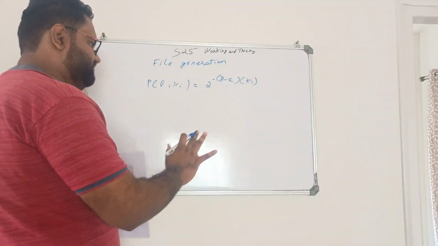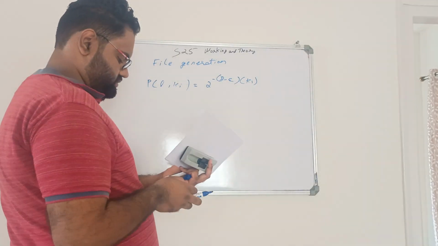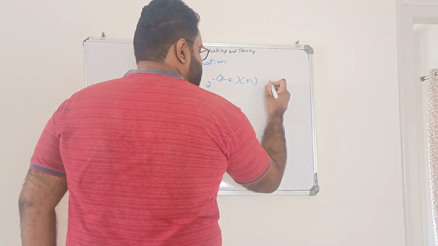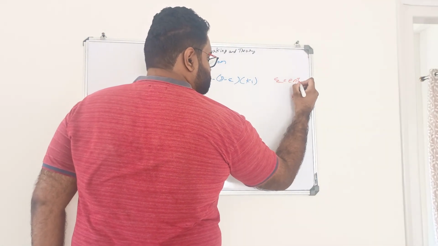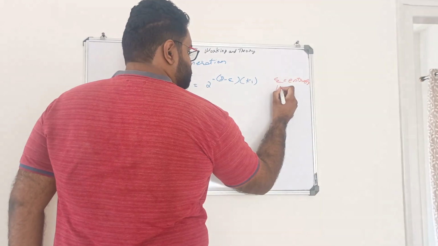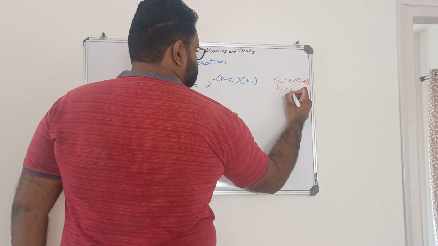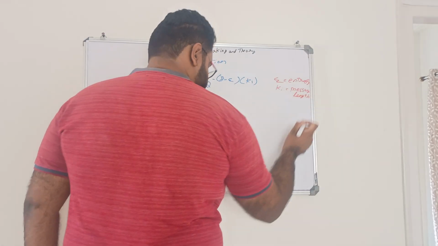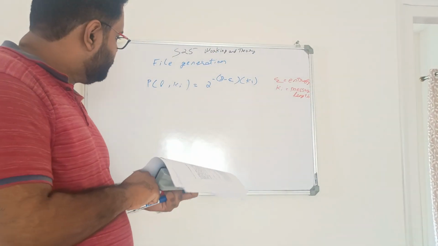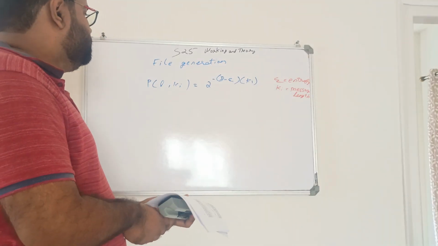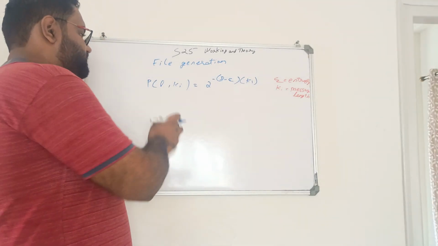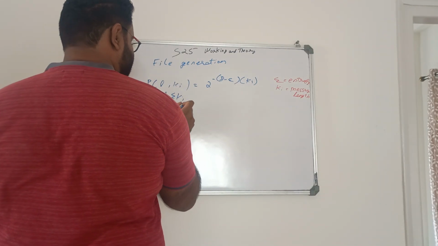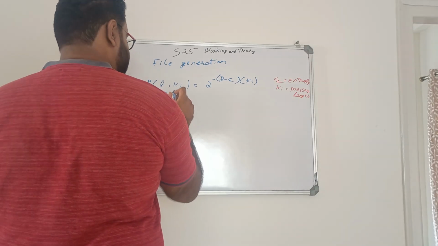So let me just clear everything out and write it. If ki is a summation, then p of L comma ki is a summation from i equal to 0 till some n.